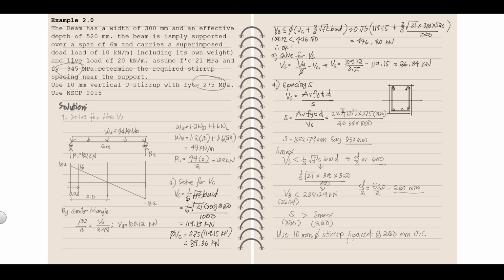Ito po yung magiging sagot natin. Ito yung magiging spacing natin near the support. Sana may natutunan po kayo ngayong araw na ito. For example number 3, we were going to design the whole beam, for the next video. Thank you very much.